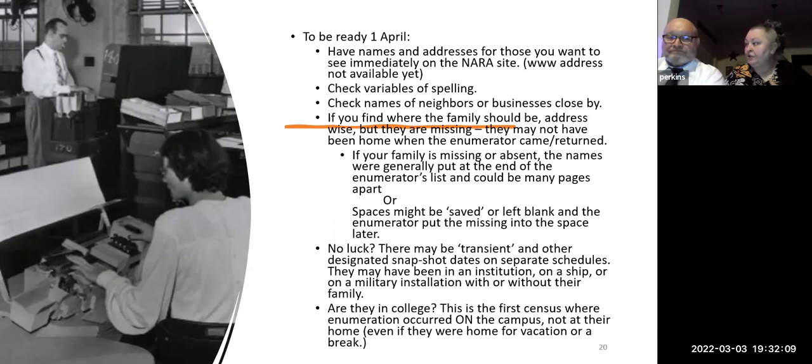Like last year, when they were doing the census, they actually had snapshot nights. And I think that's an important thing to remember too, that in the 1950 and beyond census, they had snapshot nights where they would actually go to homeless encampments, hobo camps, whatever they call them, and they would do the homeless that were there or the prison. So there are schedules that were done separately.